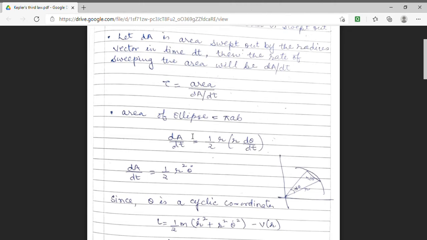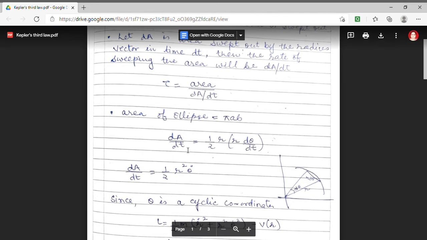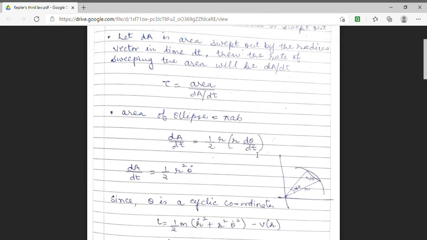Here we divide by dt on both sides. From this I get dA by dt to be half r square, d theta by dt is theta dot, half r square theta dot.